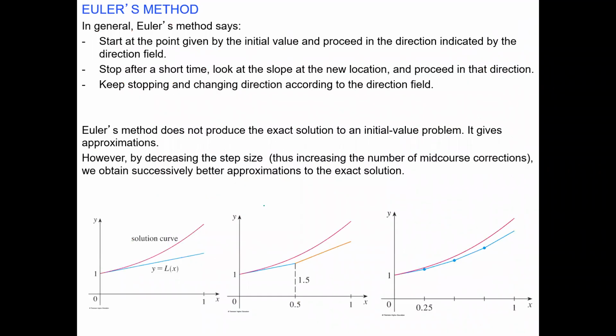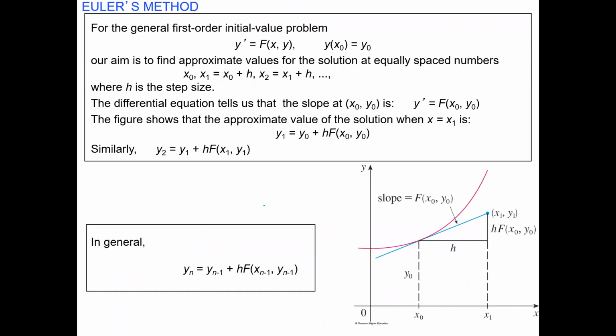That's a little description of Euler's method, but let's look at the formulas. Don't be scared, I can explain this. Euler's method is for the general first order initial value problem, y prime equals f of x, y, where at x sub 0 the function is defined as y sub 0.